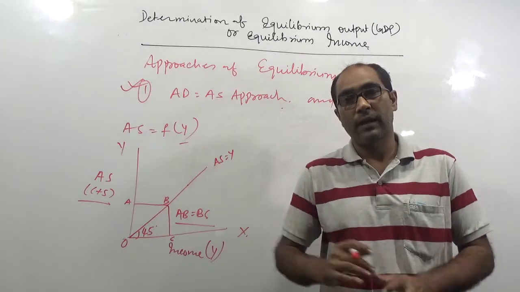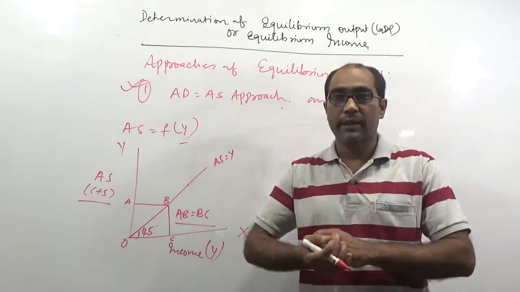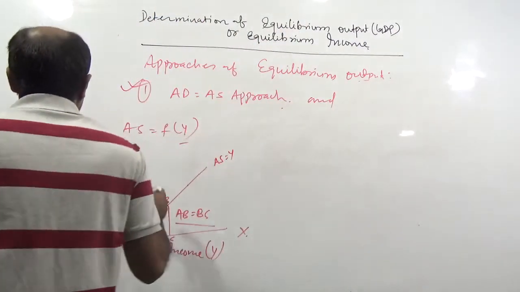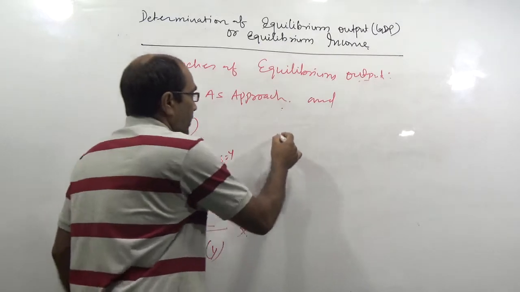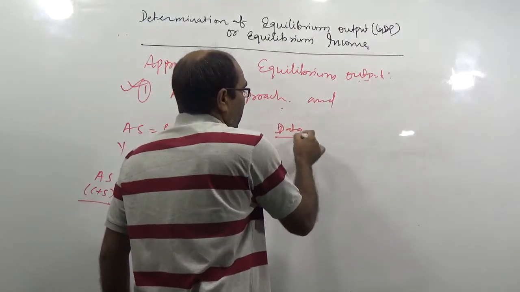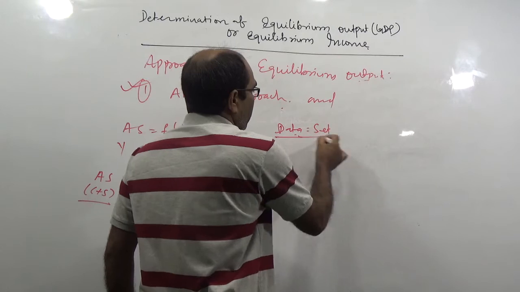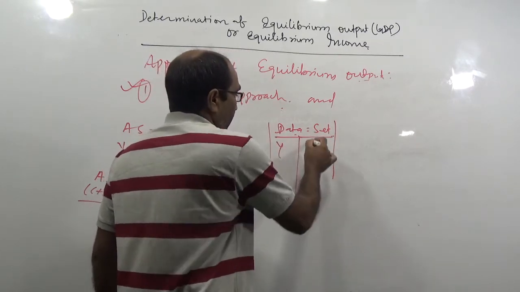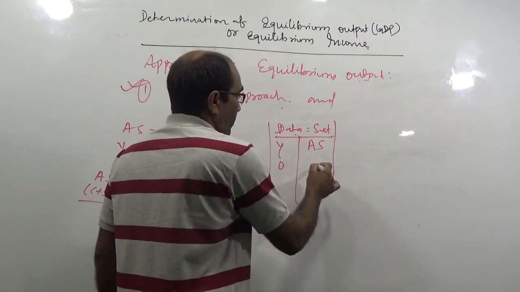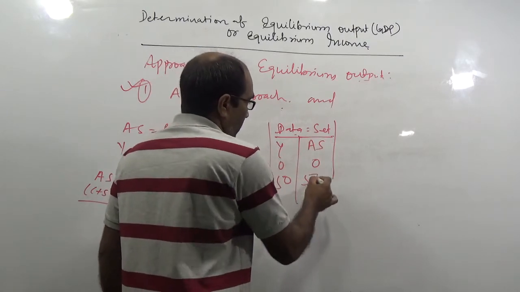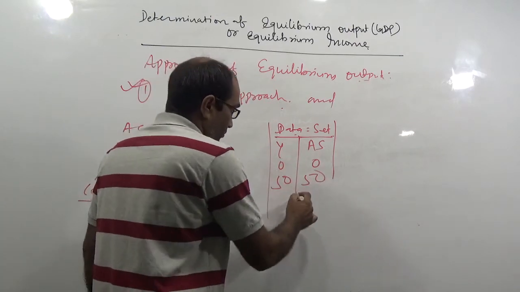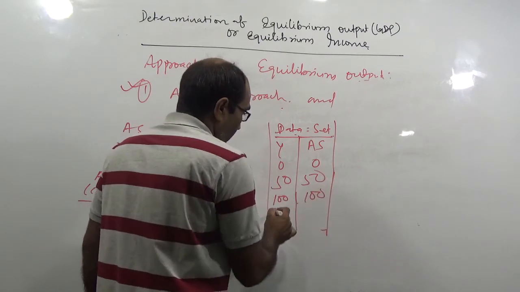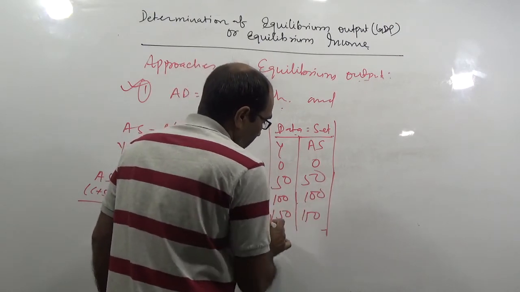So after having the AS curve, if you wish to see the data set for AS, take the level of income and AS. If level of income is 0, AS equals 0. If level of income is 50, AS must be 50; 100, 100; 150, 150, and so on.